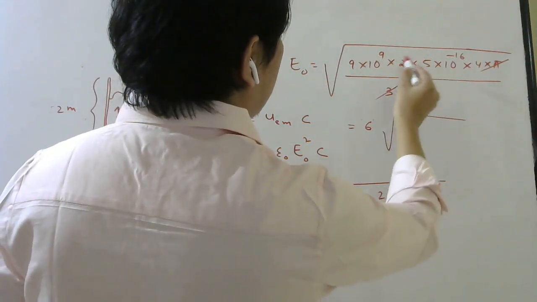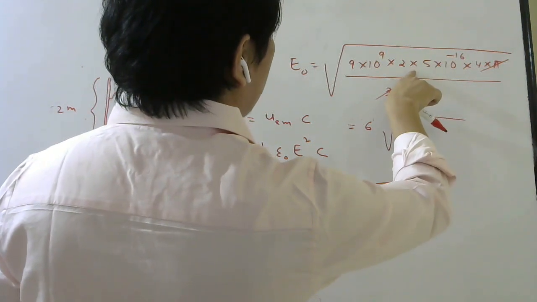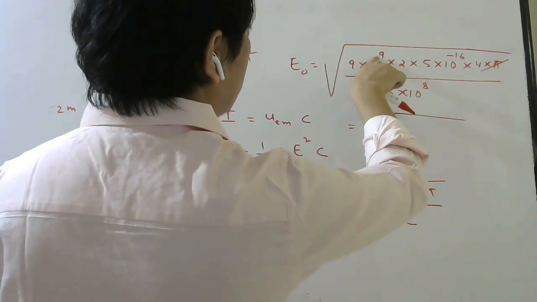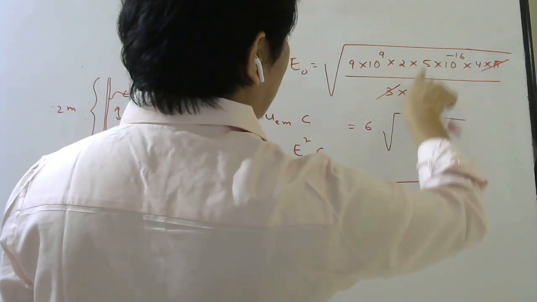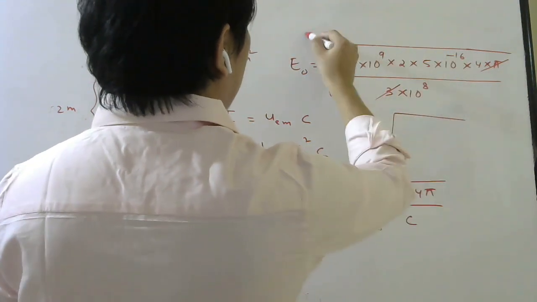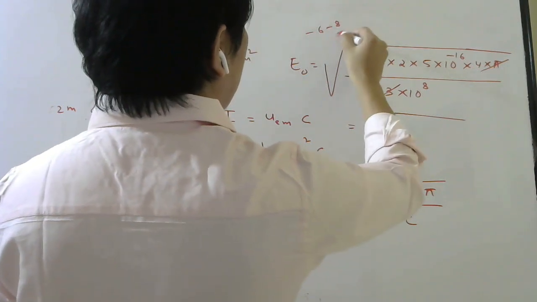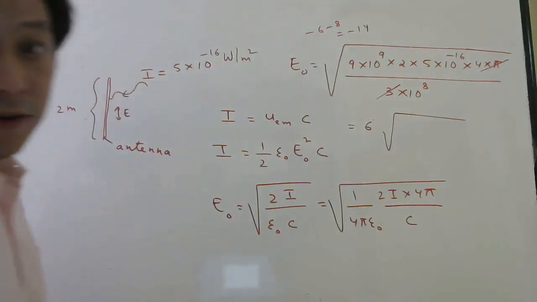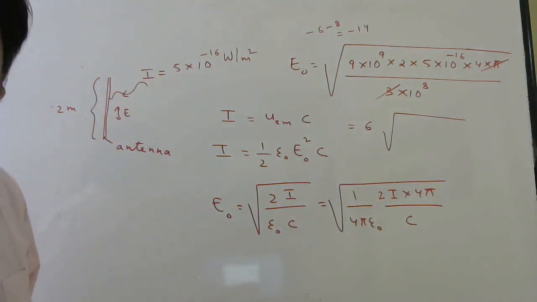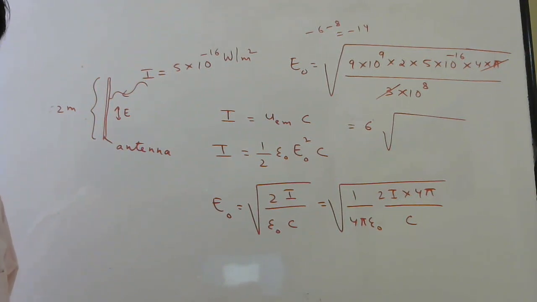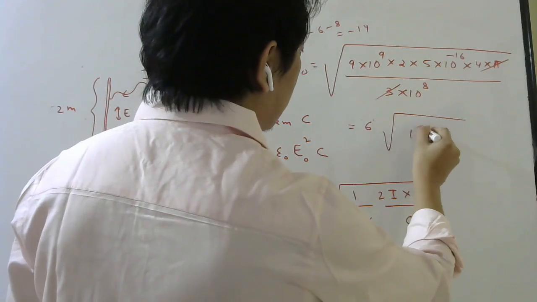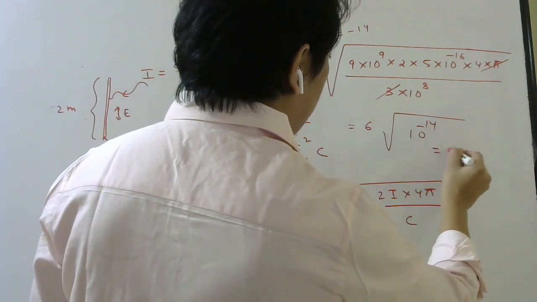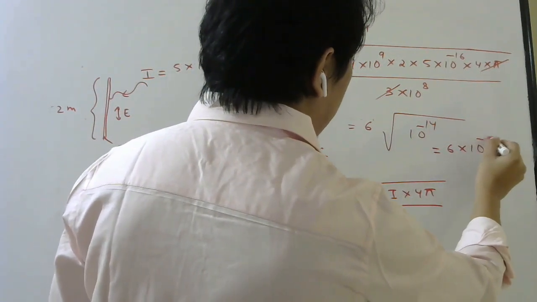This is 10, so this 10 with the 9 zeros makes 10 zeros. 10 power 10 times 10 power minus 16, divided by 10 power 8 gives minus 6 minus 8, which is minus 14. Correct? Check once. So the root will be 10 power minus 14, which gives 6 into 10 power minus 7.